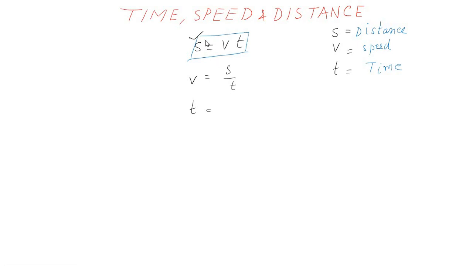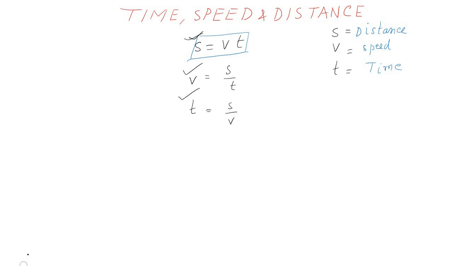If we look at s equal to vt, t goes to the other side of the equation and becomes the denominator of s, where s is the numerator. So v equal to s by t, and similarly t equal to s by v. So we now know the equation of distance, speed and time.